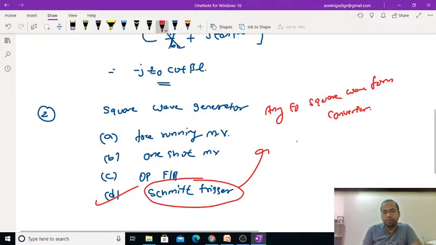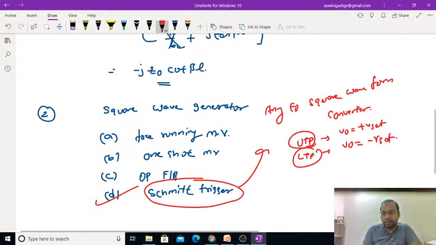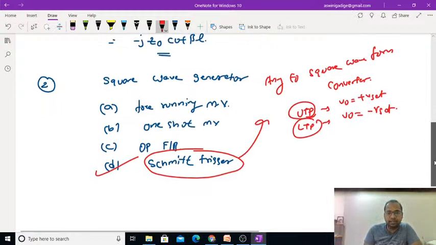If the upper triggering point happens, the output becomes plus Vsat, and whenever the lower triggering point, or the upper or lower threshold point, happens, the output is minus Vsat. So option D, the Schmitt trigger, is the correct answer.